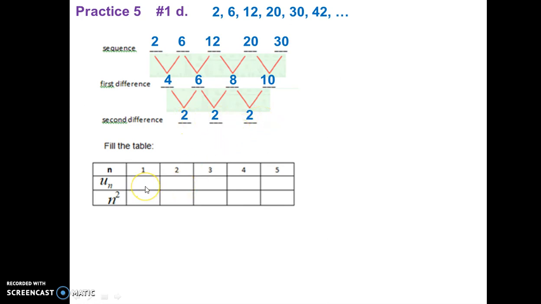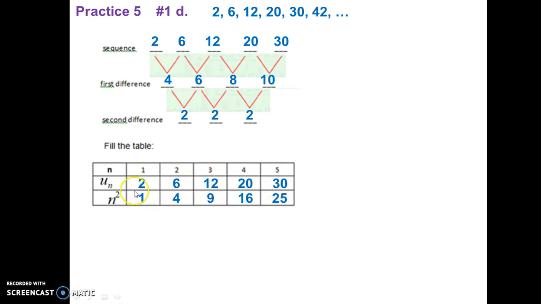So let's fill in the table. Here's our sequence. Again, term number 1 is 2, term number 2 is 6, term number 3 is 12, and so on. Let's do n squared. n squared will always be the same, right? 1 squared is 1, 2 squared is 4, and so on. Now again, if this quadratic sequence was the most simple case, it would just be n squared, and this would be our sequence. But the numbers in the actual sequence are not that.